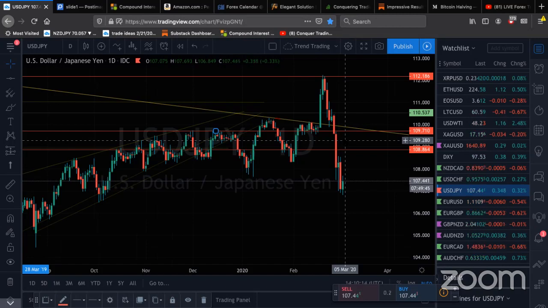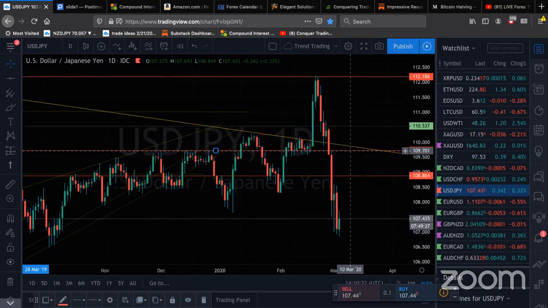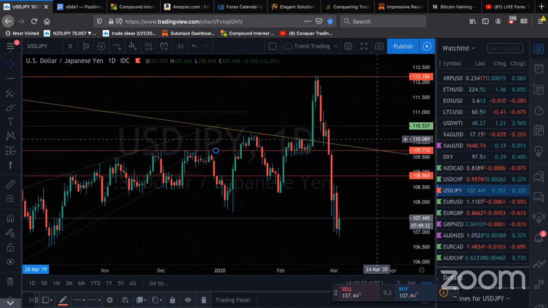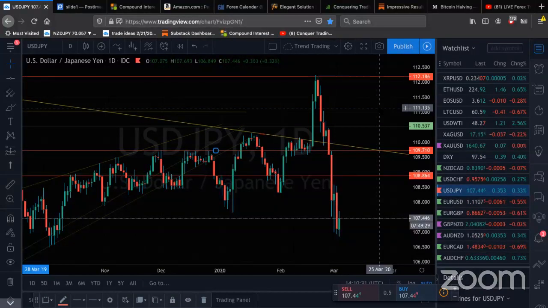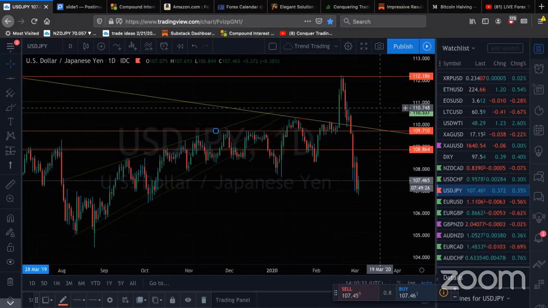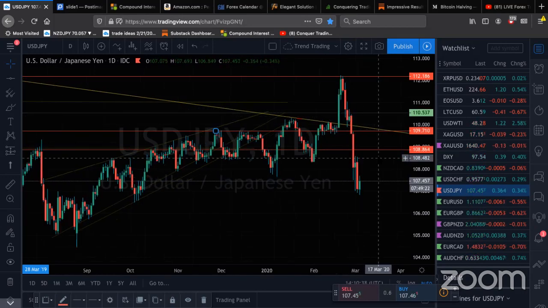On the way up, these two will look to sell into if price does challenge either one of these levels. And if we take out to the upside the 109.71, at that point we start selling yen again. Now again, I'm not looking to trade the US dollar against the Japanese yen, but I use this as a barometer for the other Japanese yen pairs.